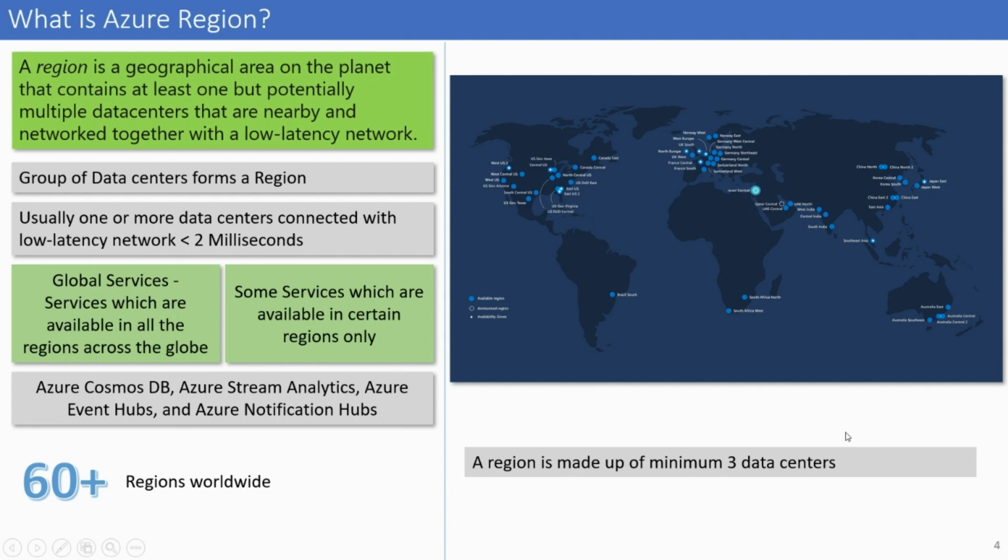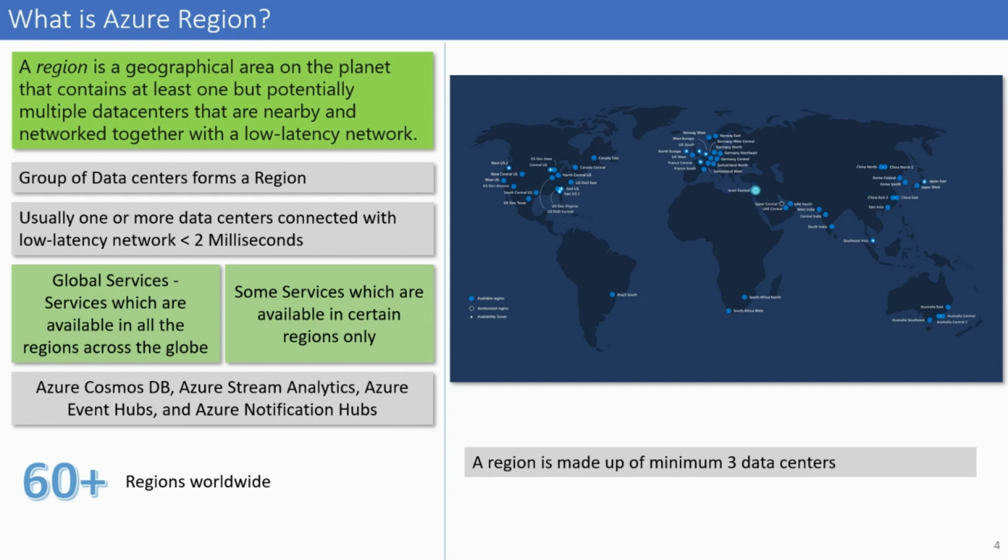Regions in Microsoft Azure are nothing but a geographical location in which Azure services are available. These regions are used to deploy resources such as virtual machines, storage accounts, and databases, and again, they are designed to provide low latency access to these resources for users and applications.